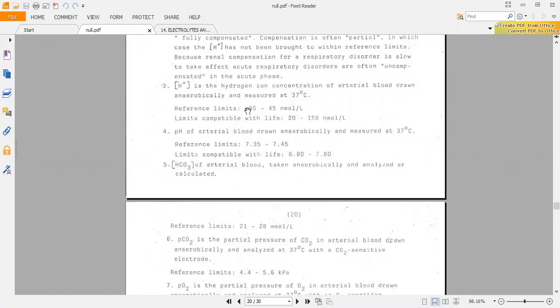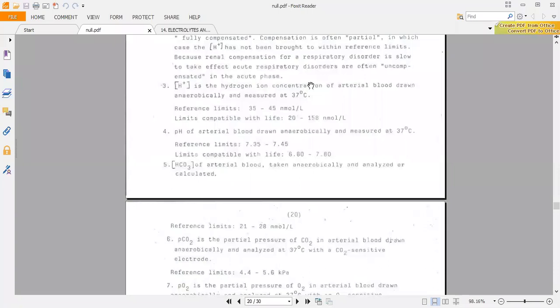If it's less than 35, your H plus levels have reduced, so alkalosis. If the H plus concentration is more than 45, then you are in acidosis.